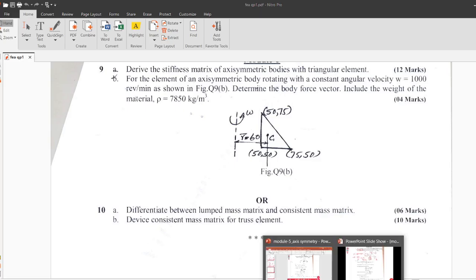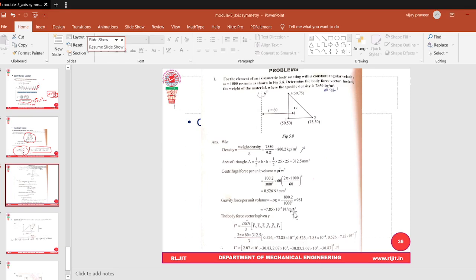Weight density, what happened? Weight density is Newton per meter cube. Fine, because that is kg per meter cube only.